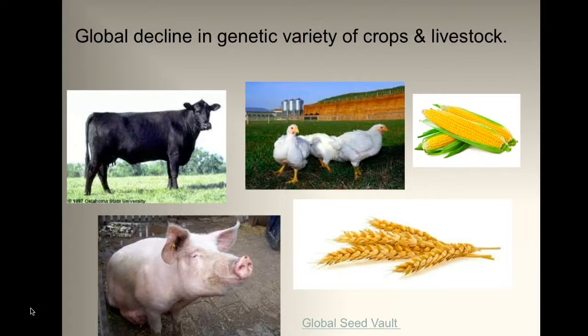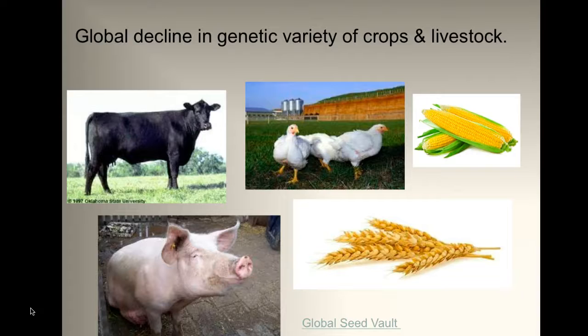All right, so not only are we seeing a decline in biodiversity amongst wild organisms, but also with domestic organisms that are used for livestock and crops. Typically what I'm showing on this slide are just representations of the single genetic variety that we're getting.